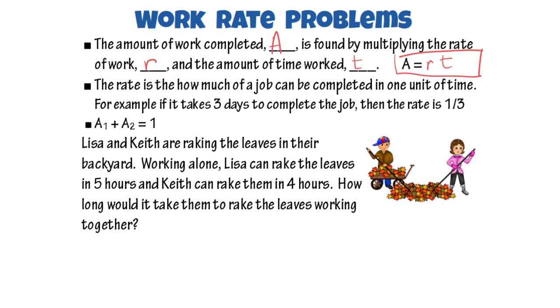Okay, so I'm going to guess that some people say that it takes 9 hours because Lisa can do it in 5, Keith can do it in 4, so together they're going to do it in 9. I hope you didn't say that, because I get it. It seems like maybe that's what you do, but it doesn't make common sense, because Keith can do the job all by himself in 4 hours.